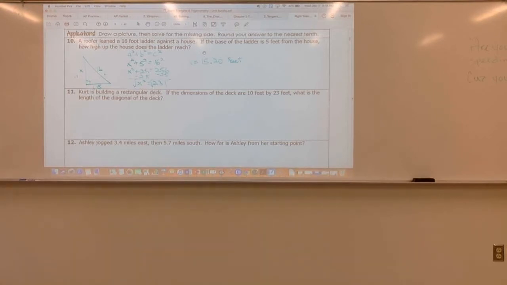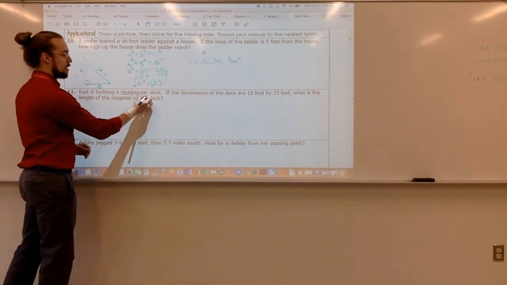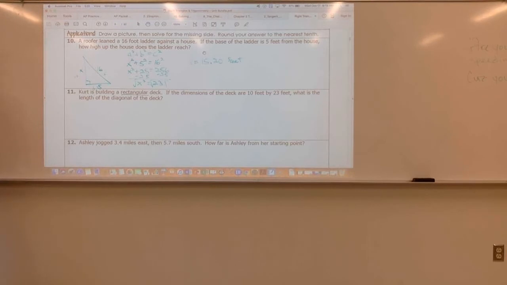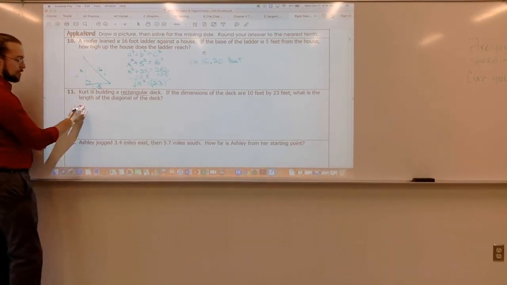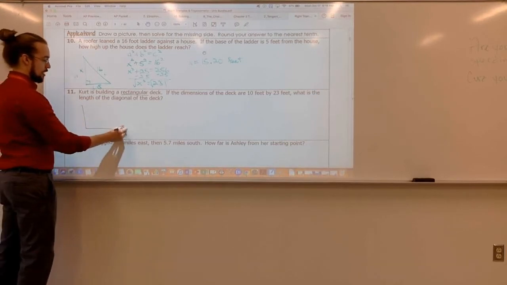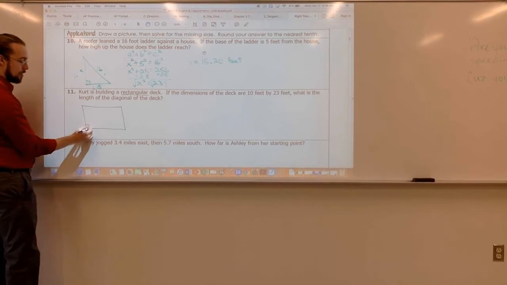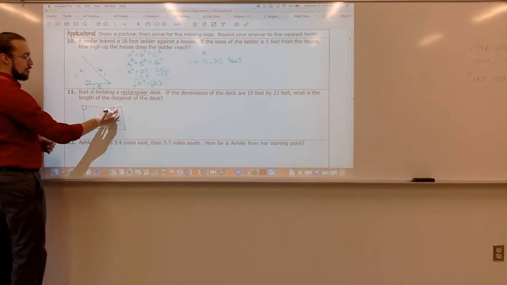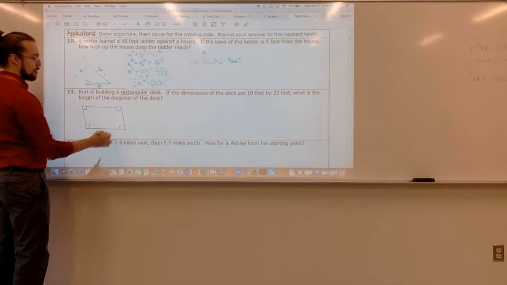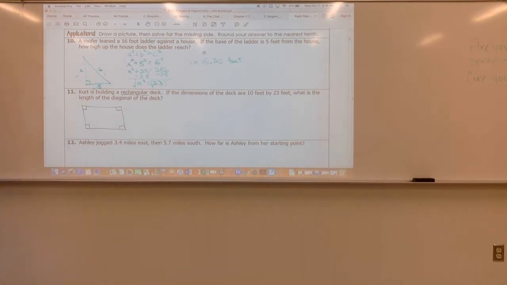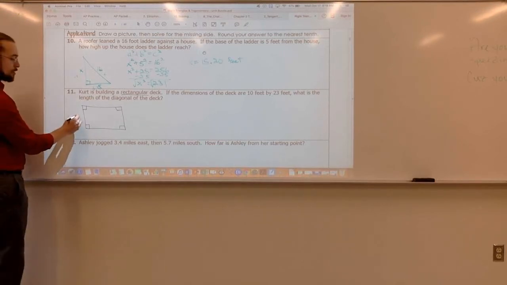Okay, how about number 11 here? Kurt's building a deck. We're told that it is a rectangular deck. So I know in this problem, I can sketch out a rectangle, and I know in a rectangle we've got all 4 right angles. It says the dimensions of the deck are 10 feet by 23 feet.